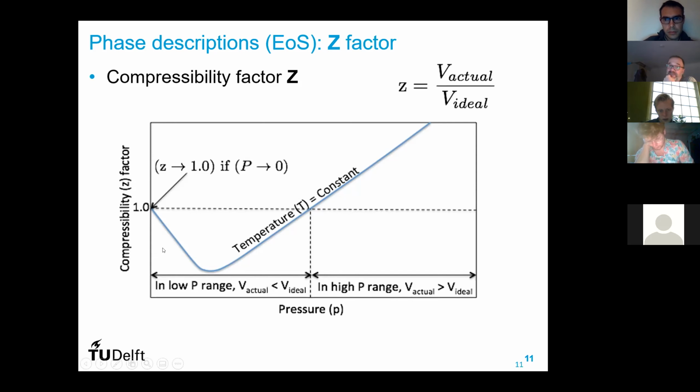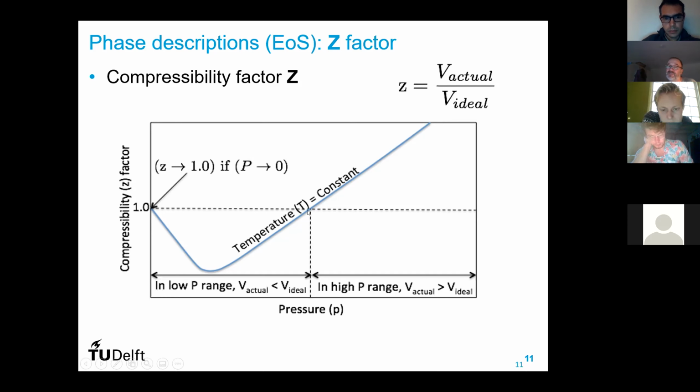This continues until you reach a point. First, the volume will be decreasing compared to the ideal volume, but then molecules are close enough to each other and they start repulsing. And this is what starts happening here.